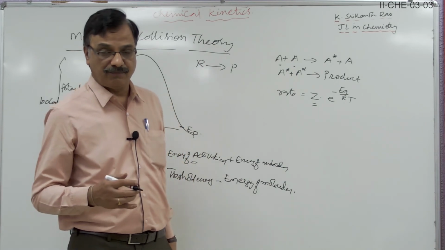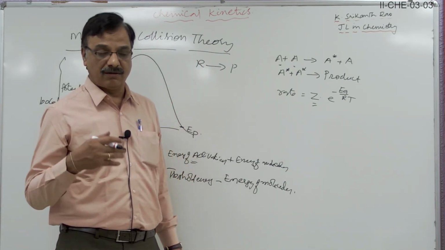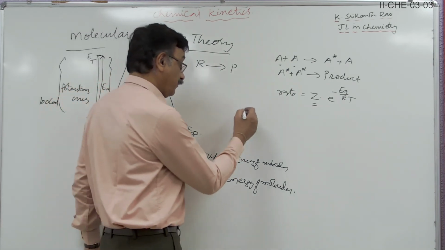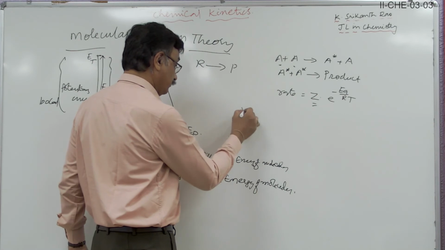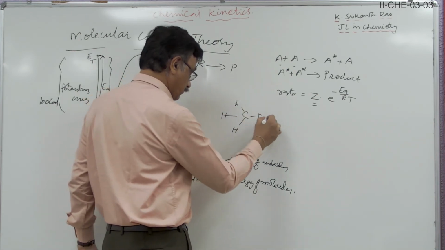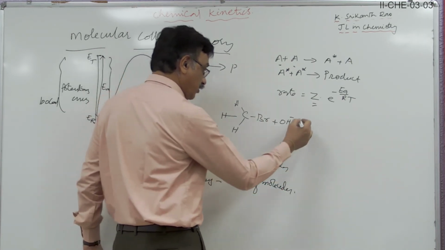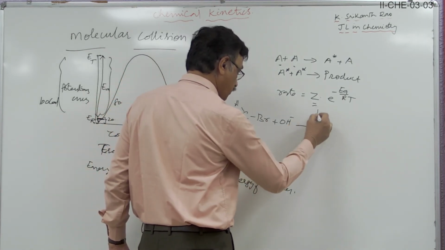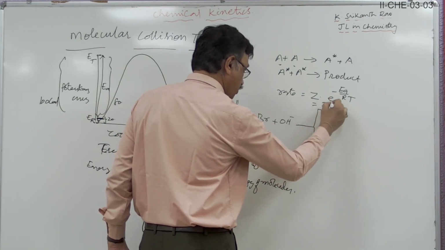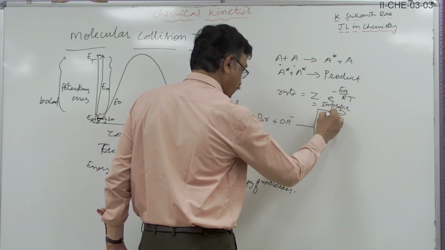For example, bromomethane on treatment with alkali gives methyl alcohol. If we take that reaction, bromomethane, when you treat it with KOH or NaOH, two types of things take place. One is improper orientation.